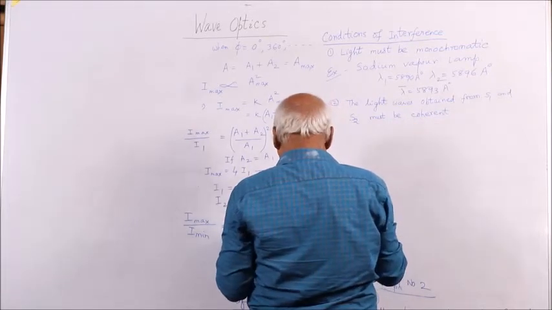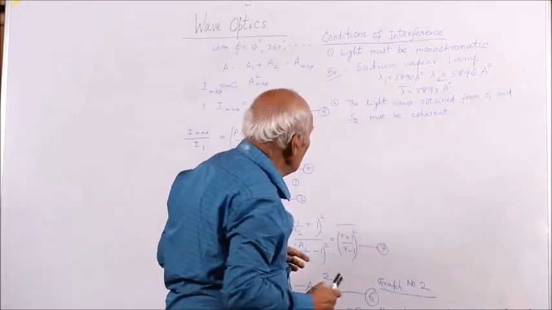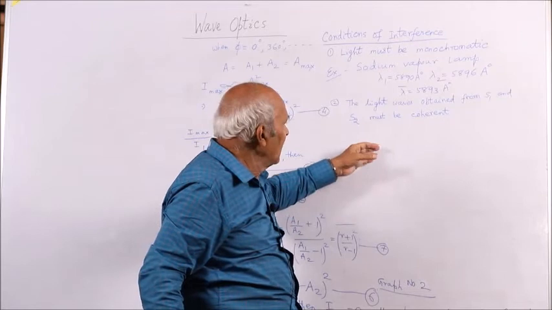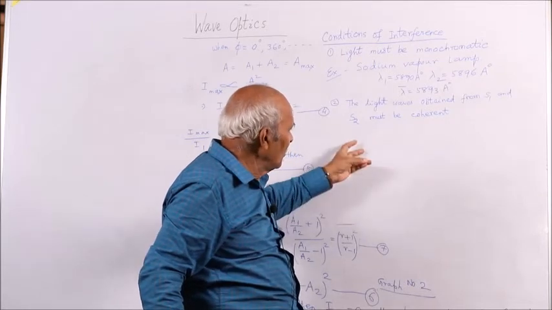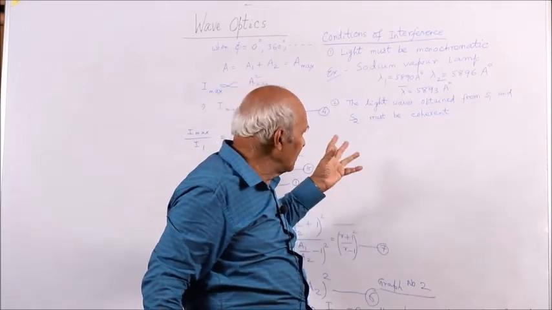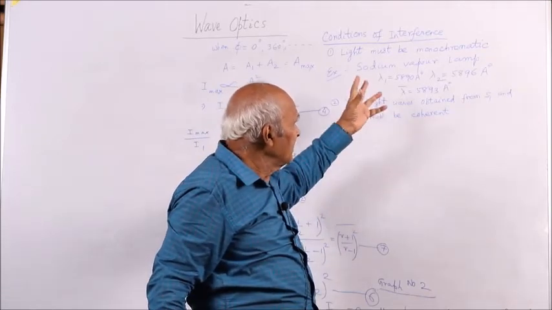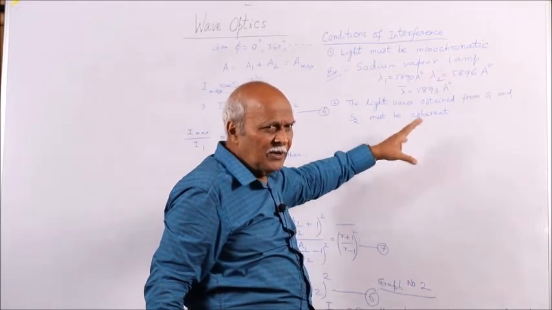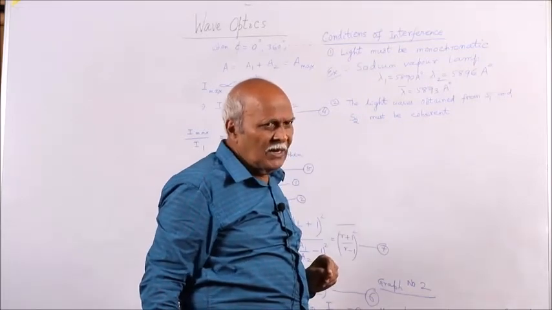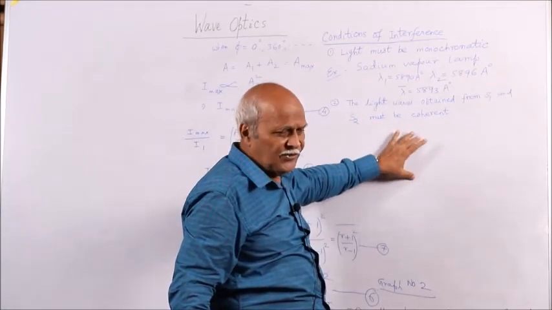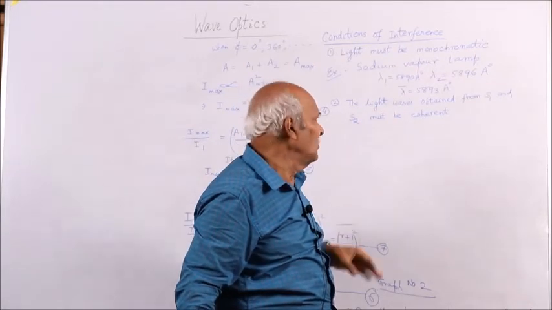This is a crucial point, because people placed two sodium lamps near S1 and S2, but interference was not observed. That shows that the source of light S must provide waves for S1 and S2, because the initial phase difference should not exist at the time of starting of the waves.